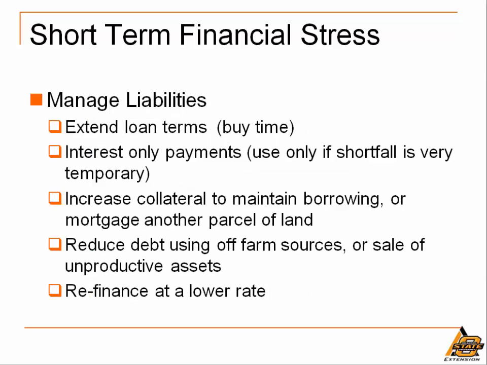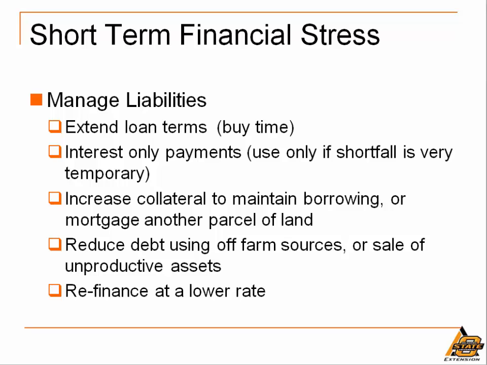Ways to manage liabilities include negotiating extended loan terms, or even negotiating the opportunity to make an interest-only payment for a year or so. Recent surveys of agricultural lenders reveal that renegotiating existing loan terms has been a very common practice over the past year or so, as financial stress has increased in the agricultural sector.